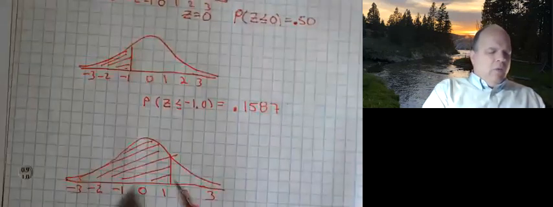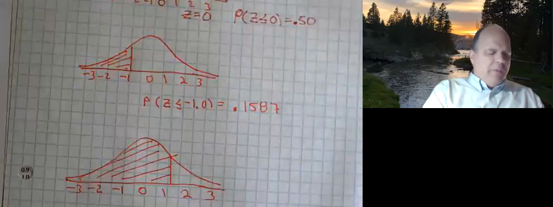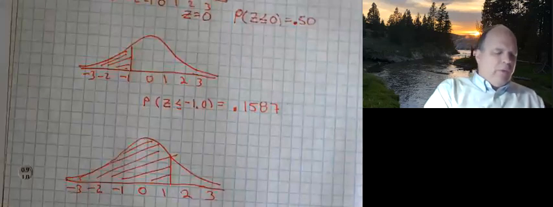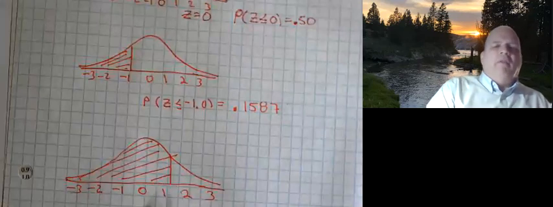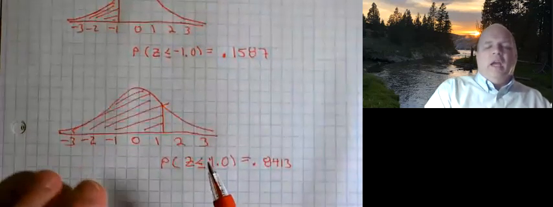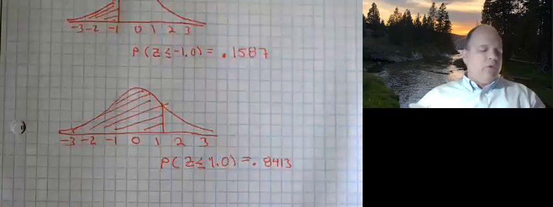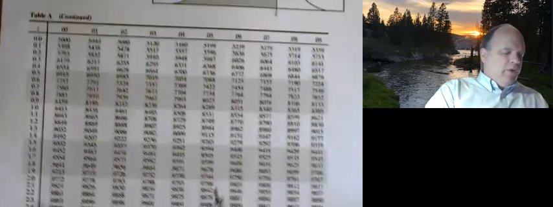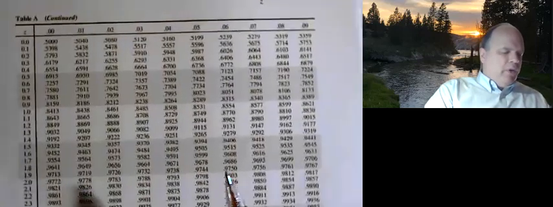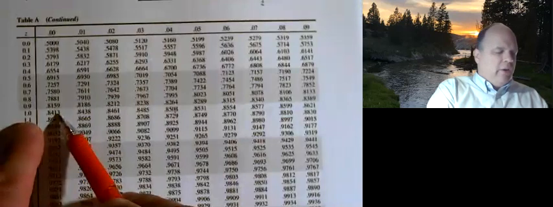Okay. On the other hand, what happens if I had the probability of z equal to 1? All right, so I want to know the probability that z is less than or equal to 1. Well, we're above 0, so we're going to be above 50%. And I'm going to look this up on the table, and since it's positive, I'm going to need the positive z-score table. And once again, I'm only working with a 2-digit number, 1.0, so it's right here in the very first column.